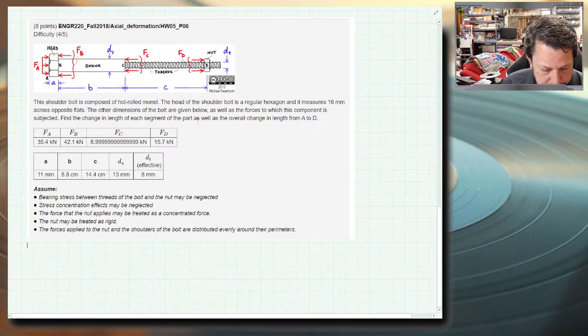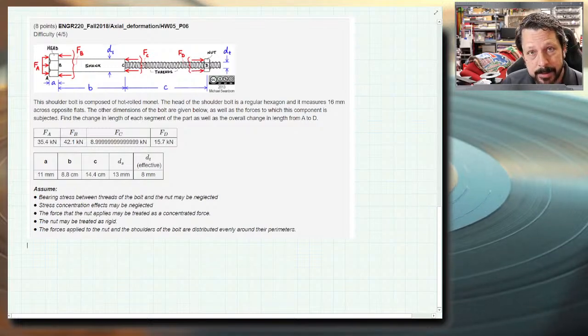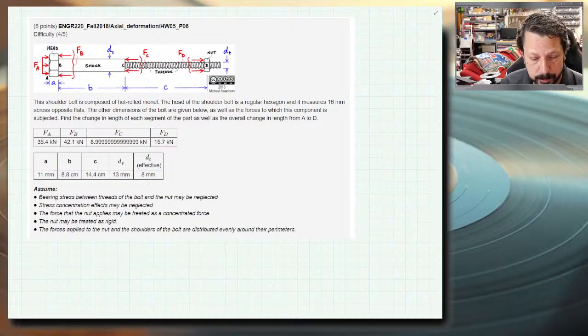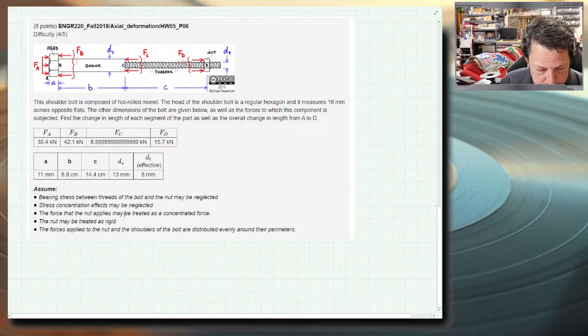So we're ignoring that. We're ignoring stress concentration effects. So how we have these threads, they're really sharp, and they have sharp roots and sharp tips. And so that's going to be stress risers that would increase the effect of the force applied to them.